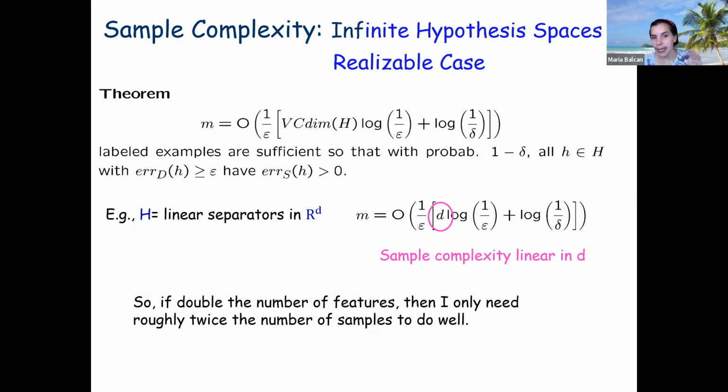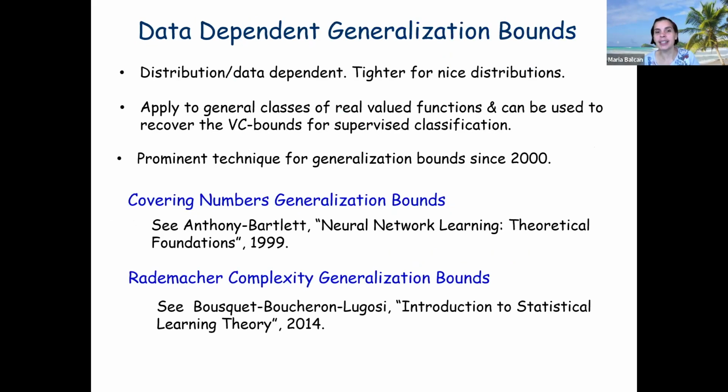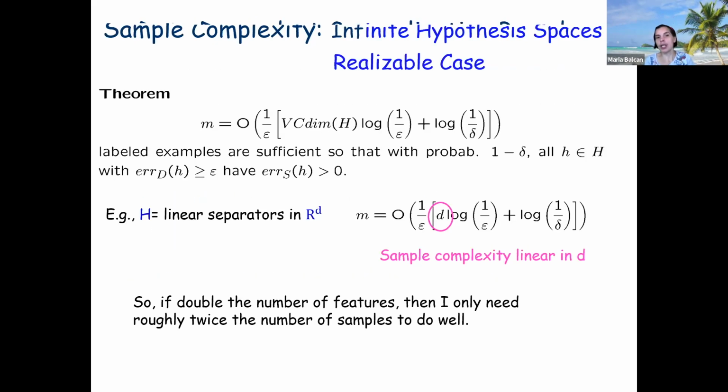Now, this is a data independent measure of complexity, and this is the point of my slide here. No matter what the fixed underlying distribution is, no matter what the search space is, this bound holds. There is a long line of research in statistical learning theory where you get data dependent bounds. So what if your distribution is nice?